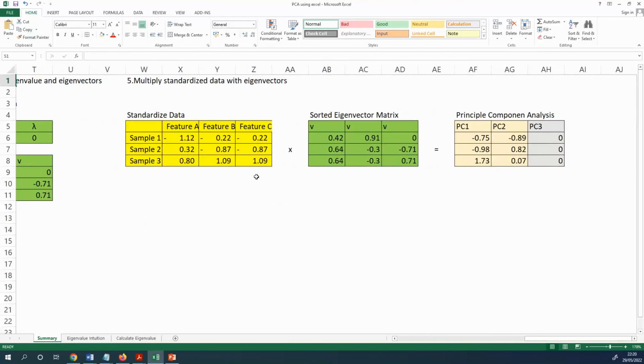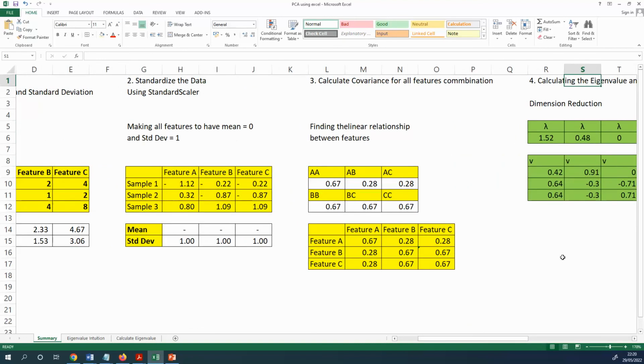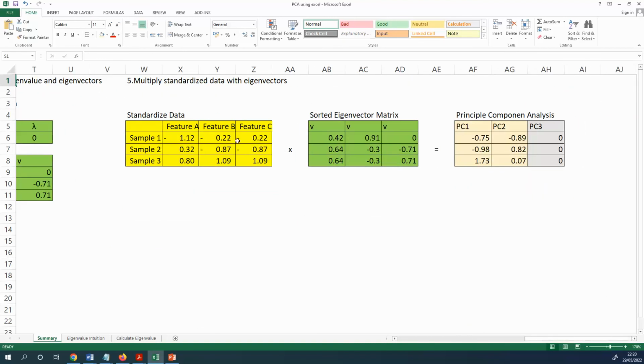So this is the standardized data, using the z-score, times the sorted eigenvector matrix, from the highest eigenvalues toward the lower eigenvalues, and then we get the principal component analysis data, PC1, PC2, and PC3. So this is the way of developing the PC data.